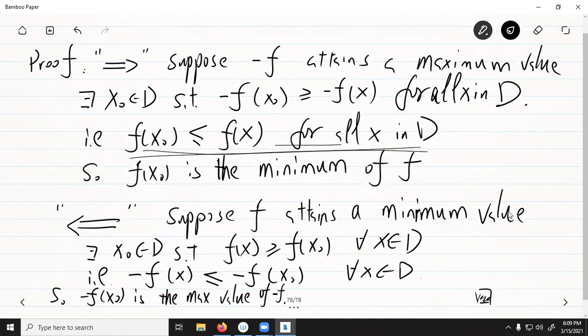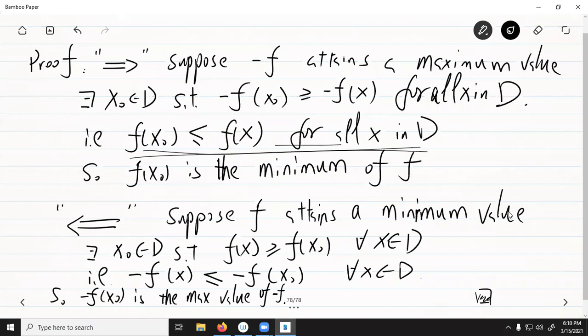You cannot just say it's the maximum value or the minimum value. It's useless, right? If you just say maximum and minimum value, what does this mean? You need to use math language to describe it. So this is the proof for this part.